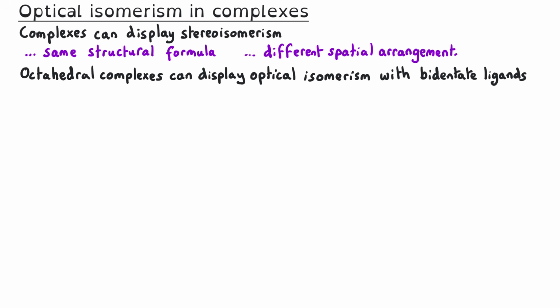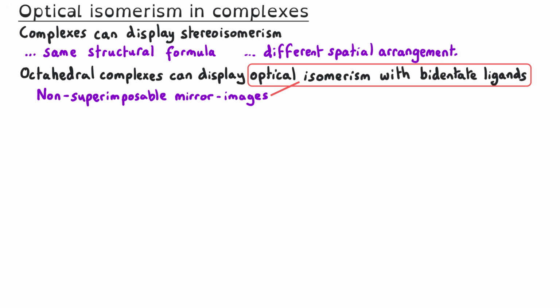Octahedral complexes can display optical isomerism when there are at least 2 bidentate ligands. Remember, optical isomerism is where you get 2 non-superimposable mirror images, and the bidentate ligands that you need to know are ethane-1,2-diamine and the ethanedioate ion.